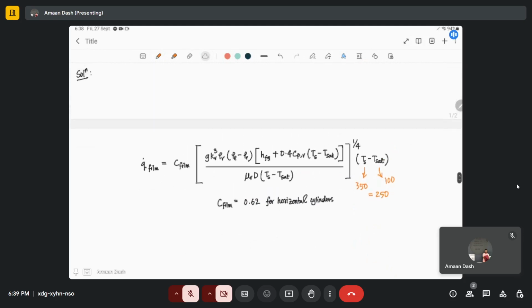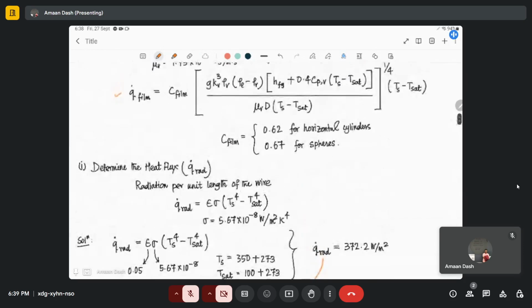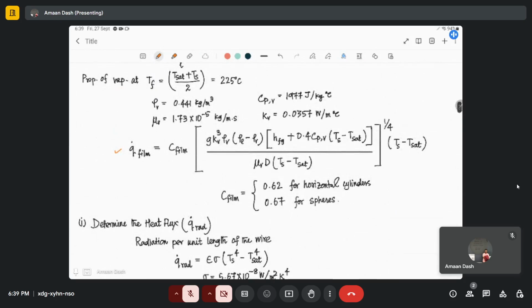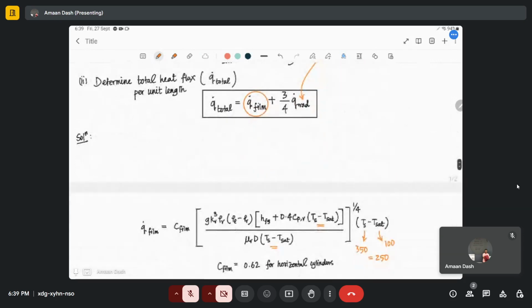So this difference we already know. This is the same difference. This g, this kV, rho V, these are all given. Here you can see this rho V is given, this mu V is also given, kV is also given, CpV is also given. Rho L minus rho V, Cp, mu, everything is given.